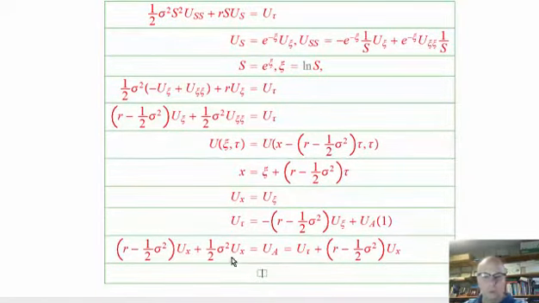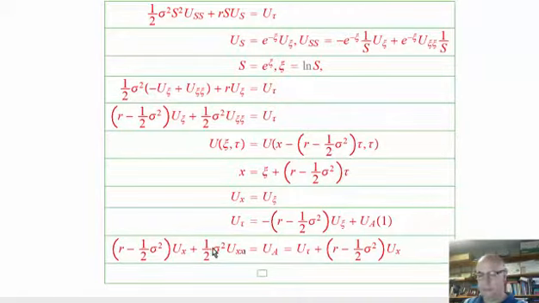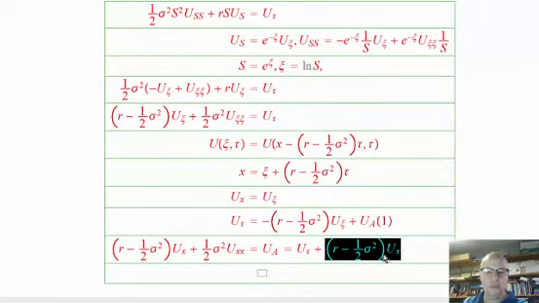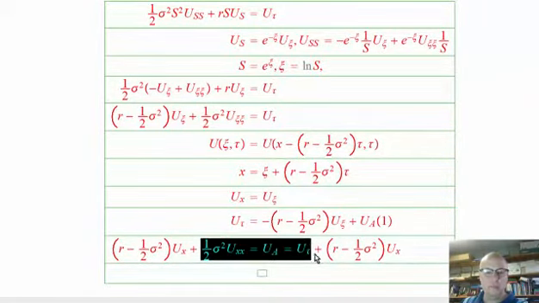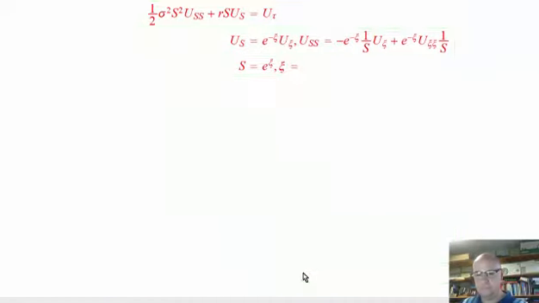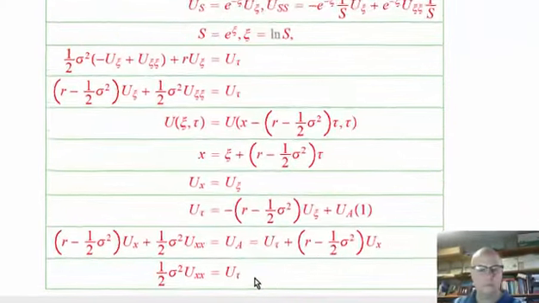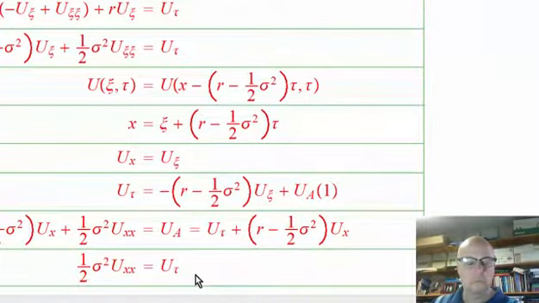So now we're done. Well, no, we're not done. There's two x's there. This piece and this piece still cancel out, and we end up with this equation to solve.